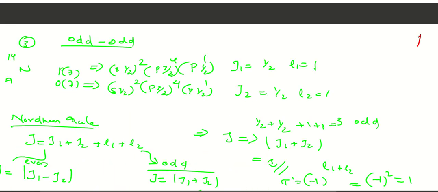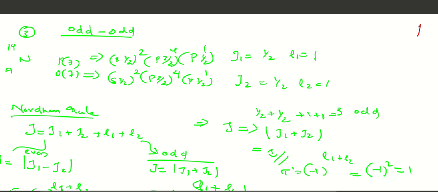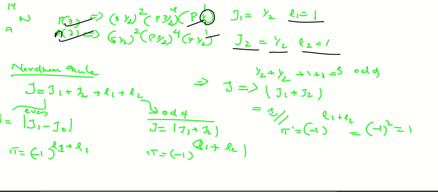For the odd-odd case, we have here P is equal to 7, N is equal to 7. So J1 is equal to half and L1 is equal to 1 for P, J2 is equal to half and L2 is equal to 1. For odd-odd nuclei, we have to use the Nordheim rule.